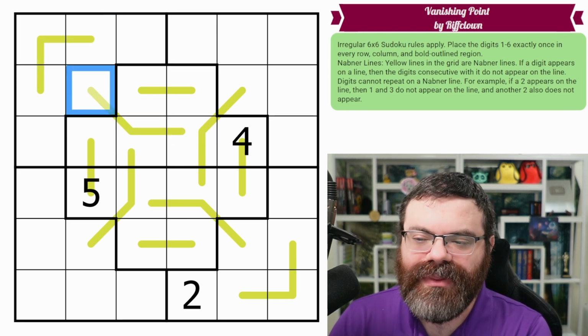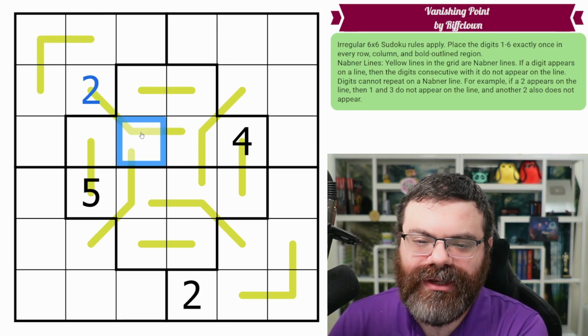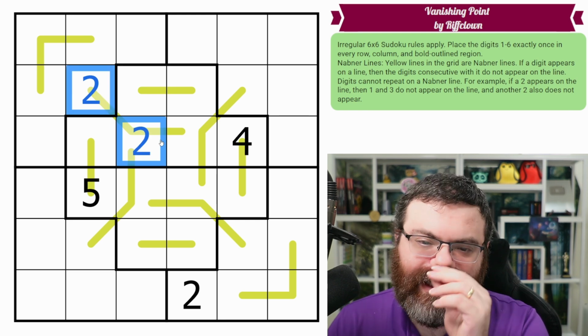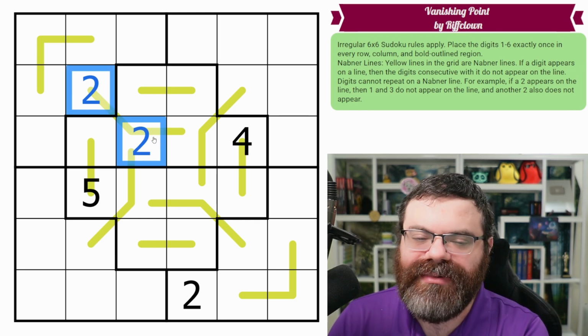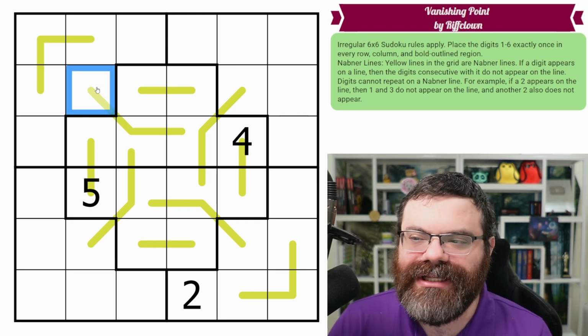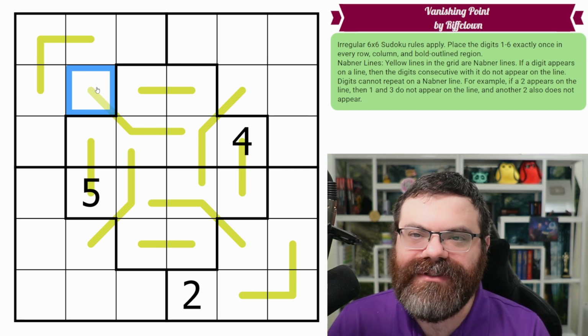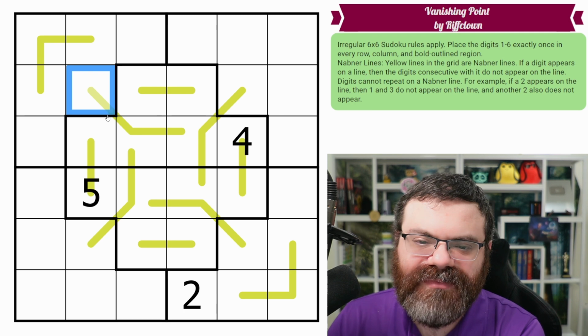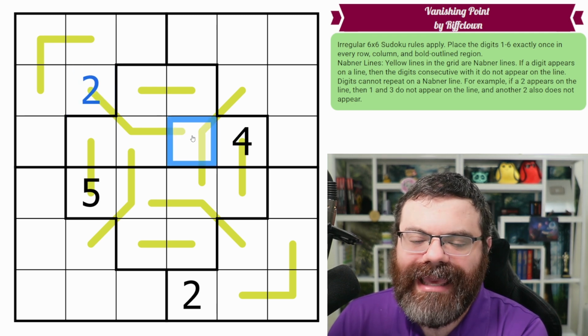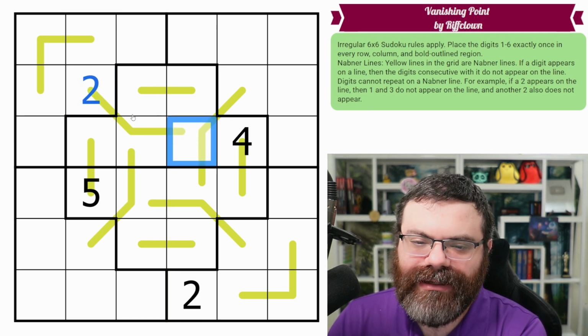For example, normally Sudoku would allow us to put a 2 here and a 2 here. But on a Nabner line, you are not allowed to repeat digits. In addition to that, no 2 digits that appear on the line are allowed to be consecutive with each other. So if I put a 2 here, I can't put a 2 here, right? Well, let's use 3 because there's a 2 in the way here.